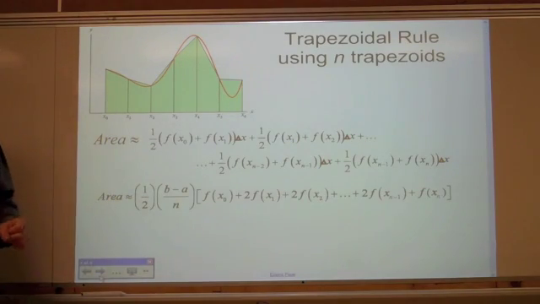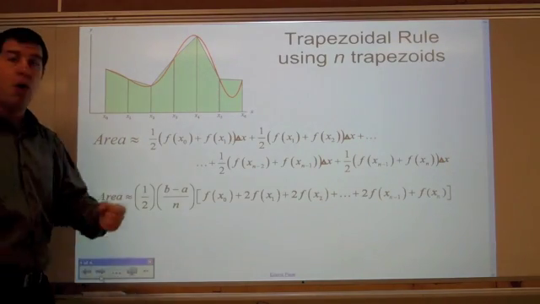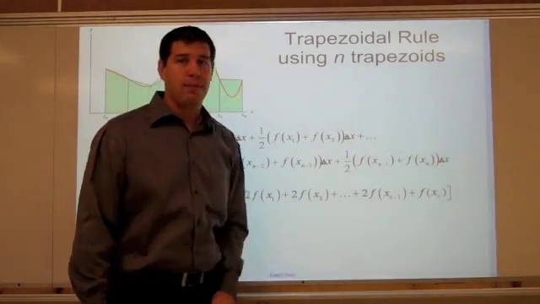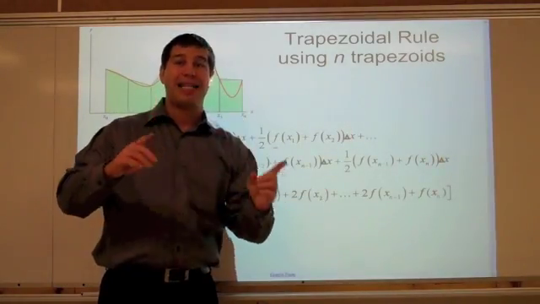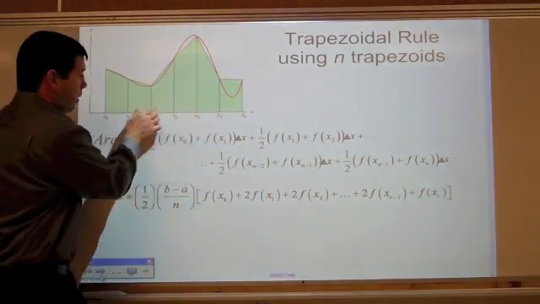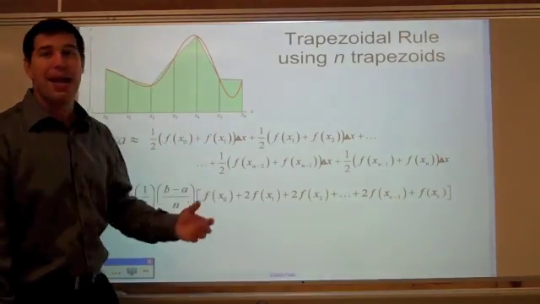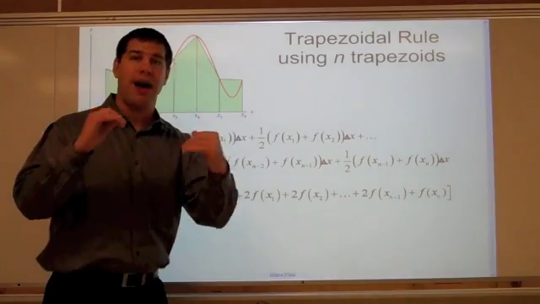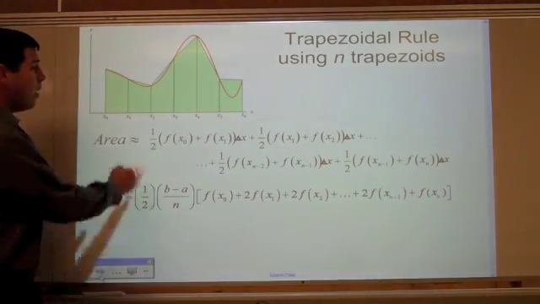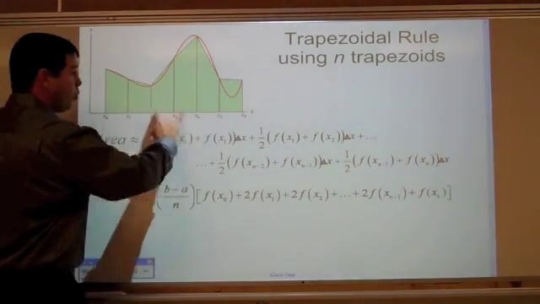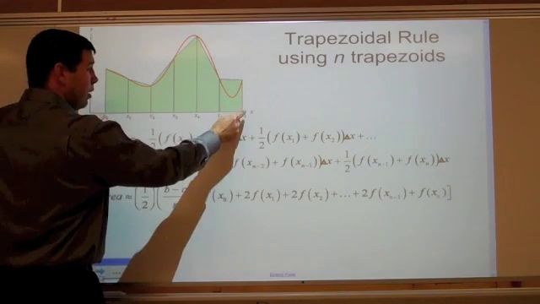So this is the formal trapezoidal rule, where you have n trapezoids, where each width is b minus a over n, that overall integral interval divided by the number of trapezoids. And then you add the value of the function twice in the middle values, once at the edge.